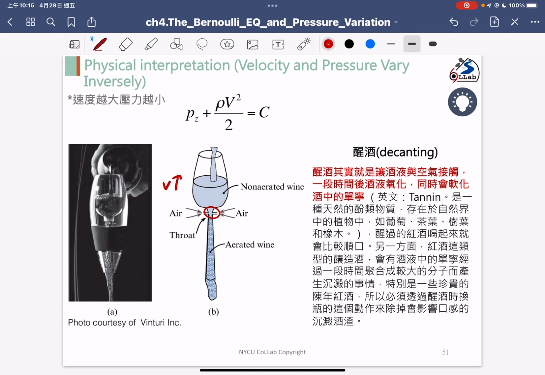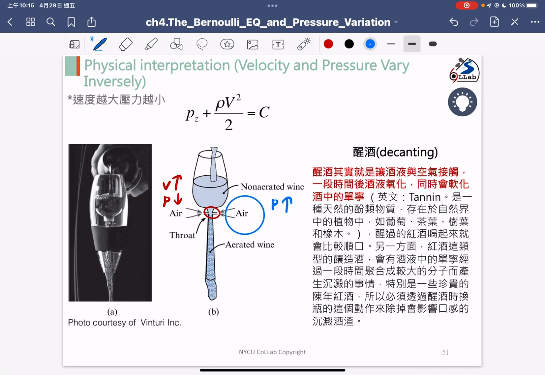Bernoulli tells us that when the velocity increases, the pressure will decrease. So here the pressure will decrease at the red circle. Compared to the environment, here is our environment area for the air, with a relatively higher pressure compared to the small hole.